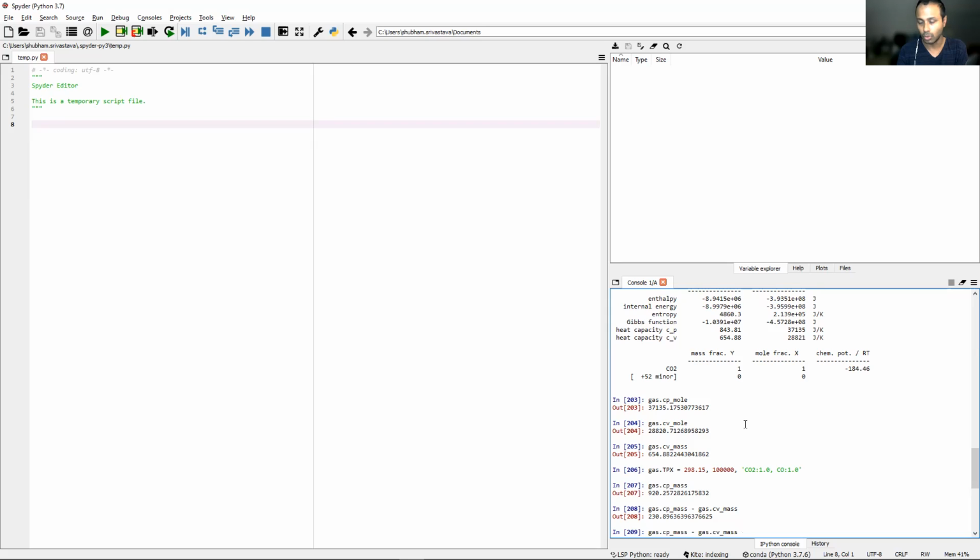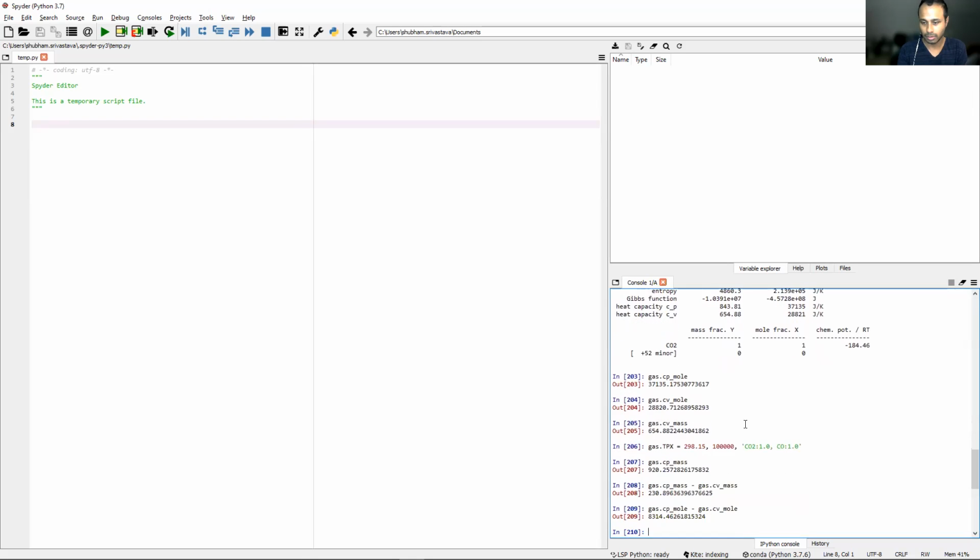Sorry, let's look at mole actually. Mass may be confusing in this case. We'll have to calculate the molecular weight, and that will be a mess. Okay. So if you see Cp mole minus Cv mole is equal to 8314.46. This is the value of the universal gas constant, which is 8314 joules per kilomole Kelvin.